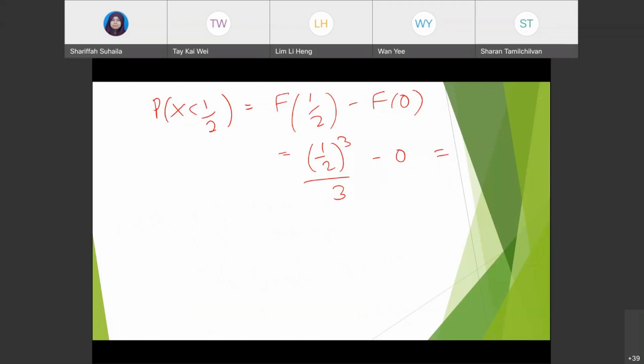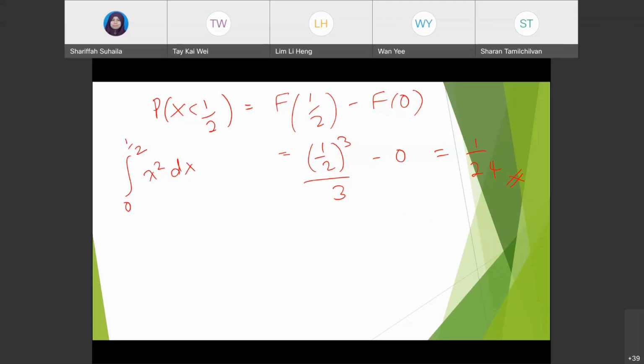Okay, so you solve this one. So, 1 over 8. So, you get 1 over 24. Okay, dapat. So, that is your probability for x less than half. Okay, if you don't want to integrate, kalau integrate pun, that means you will integrate from 0 up to half x square dx. Sama je. Kalau ada x cube over 3, gantikan balik.